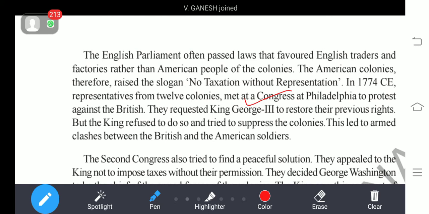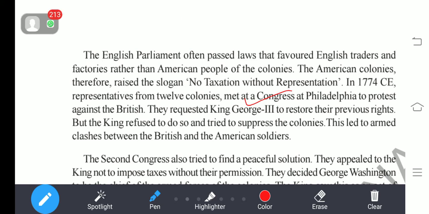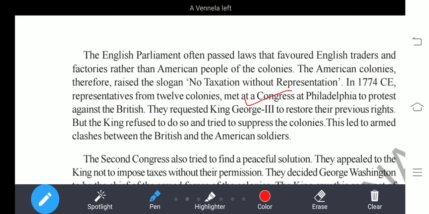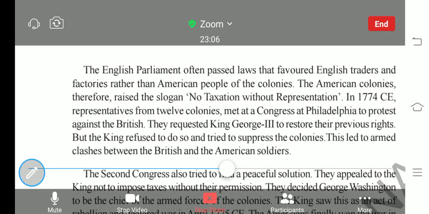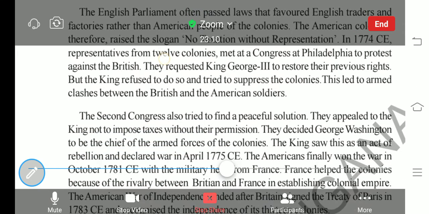So the people of the 13 colonies turned against the king, and that led to an armed clash between the American soldiers and British soldiers. Understand? Then after, the second congress, second meeting, was also held at Philadelphia.